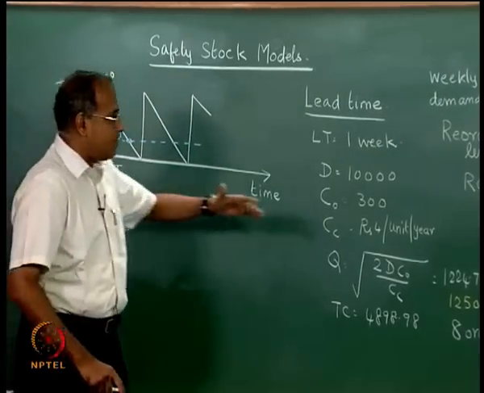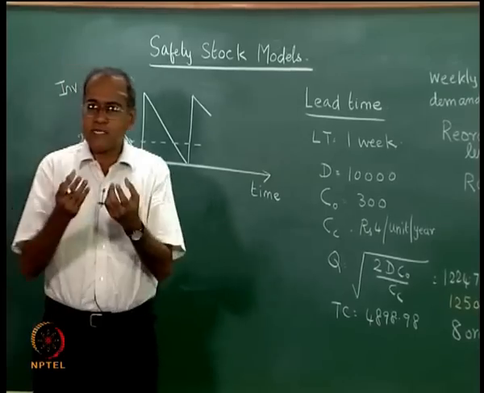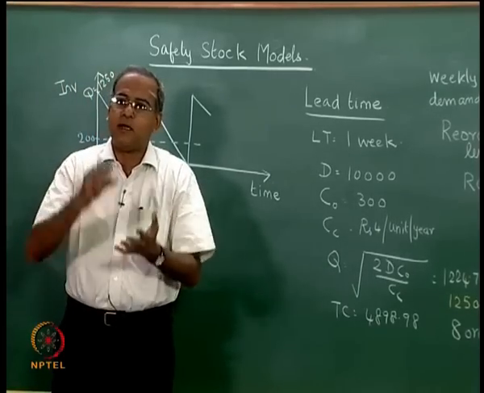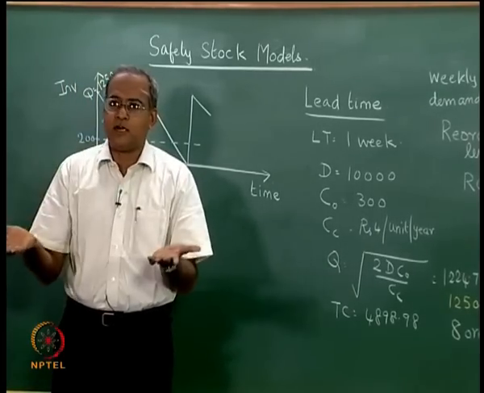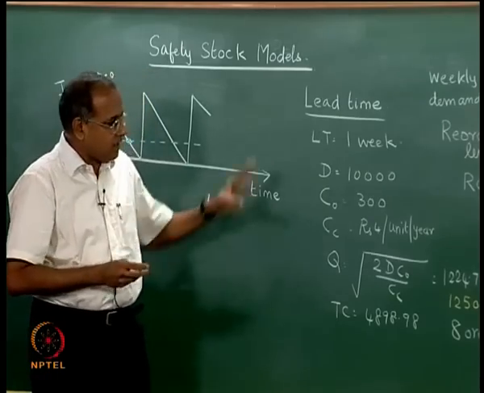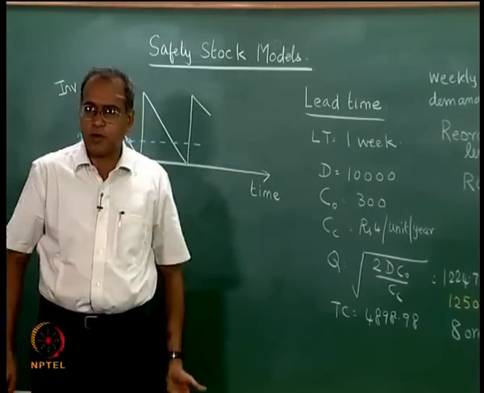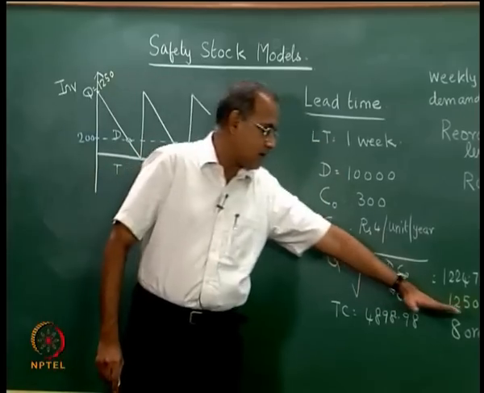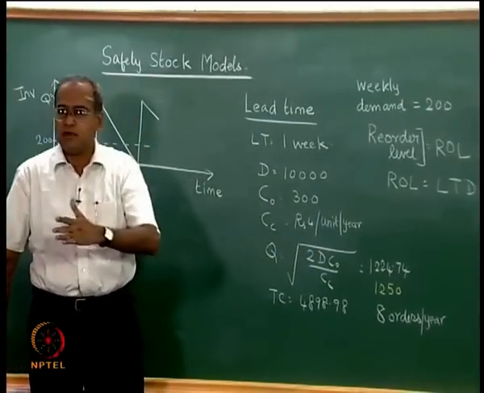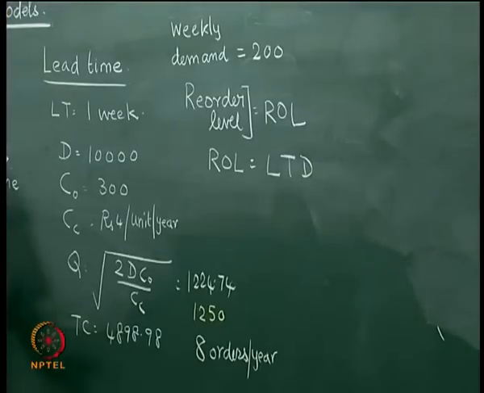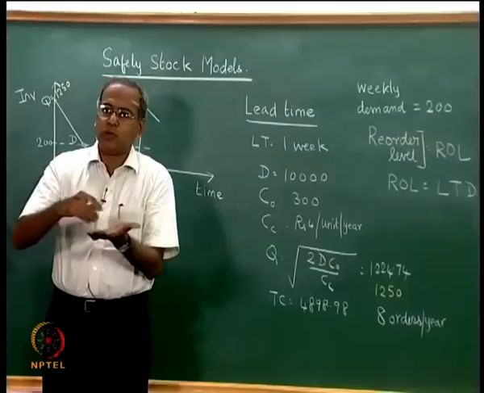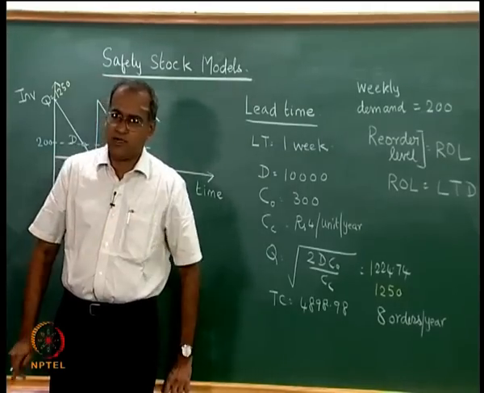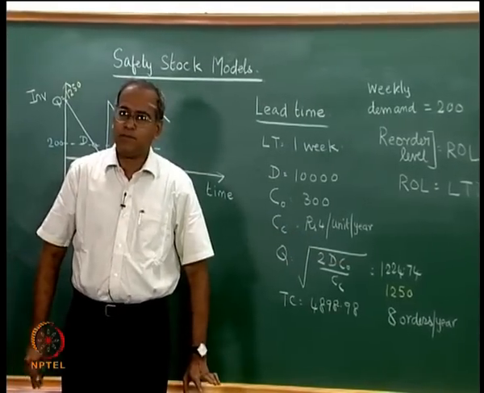But then the reorder level has to be found out. So, we have separated 2 things: the order quantity and the reorder level. In this way of analyzing the problem, we define the order quantity separately based on the economic order quantity model, or a value suitably rounded from the economic order quantity, which is 1250.